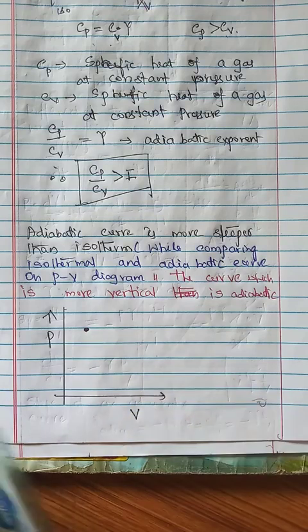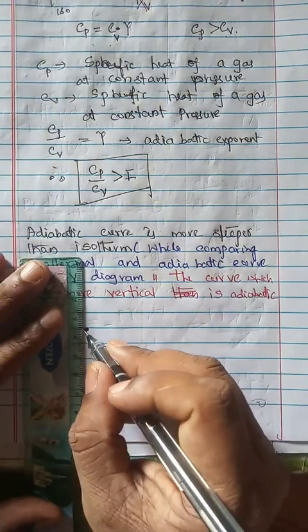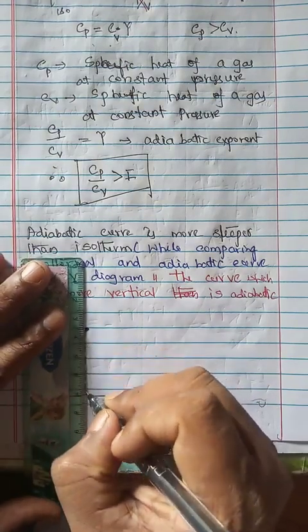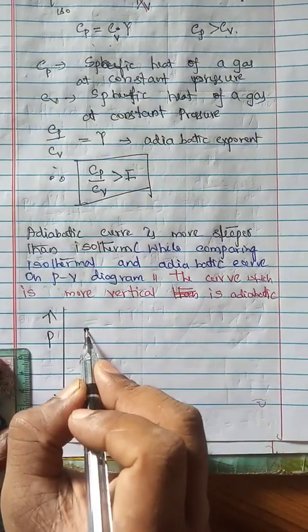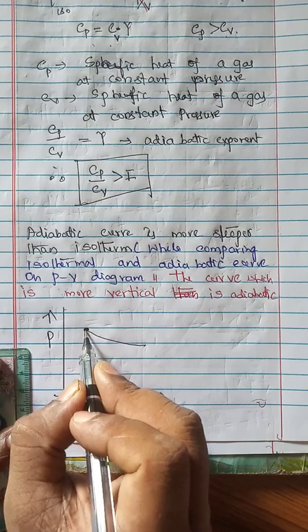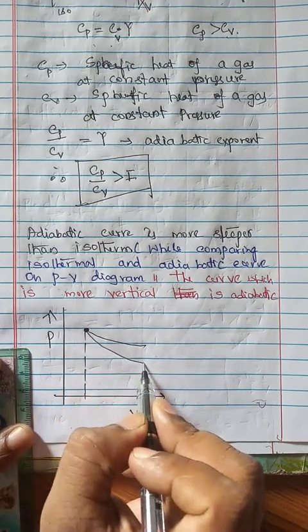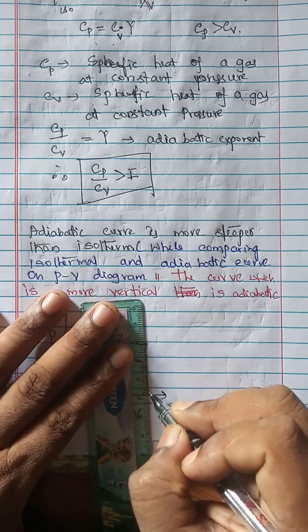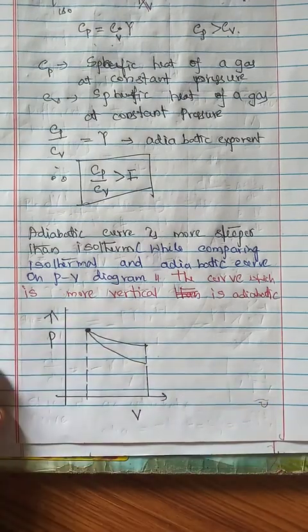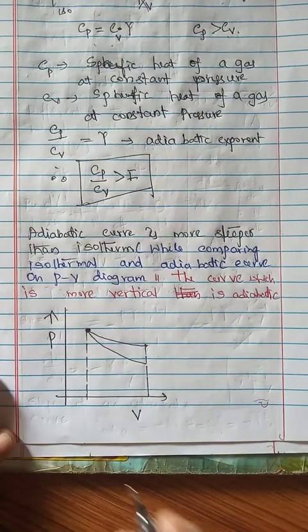I will drop a perpendicular like that. Then one curve you are getting like that, and another curve from the same point like that. Now you should find out which one is adiabatic and which one is isothermal.